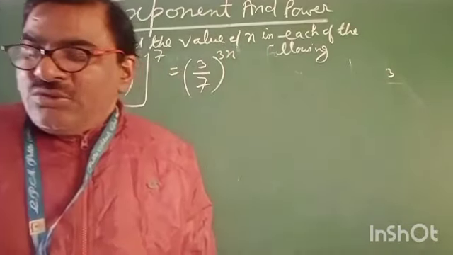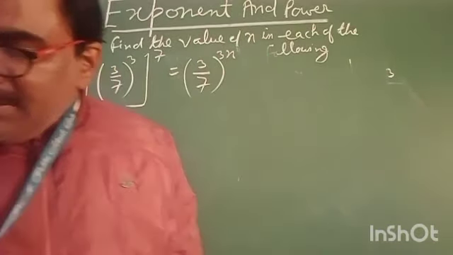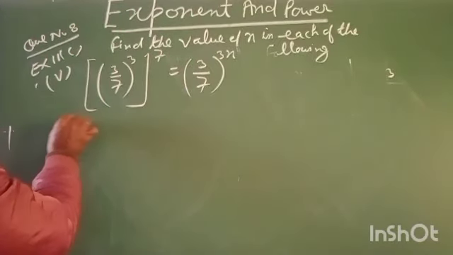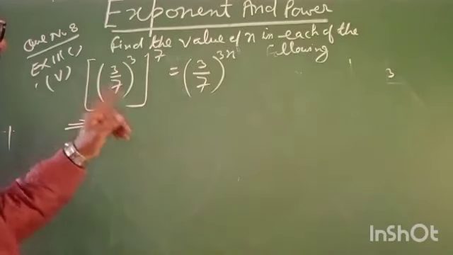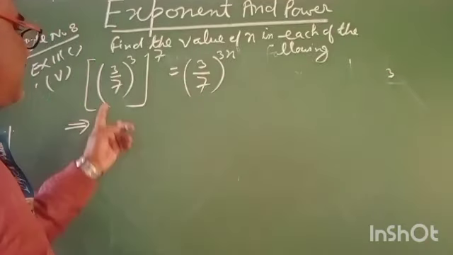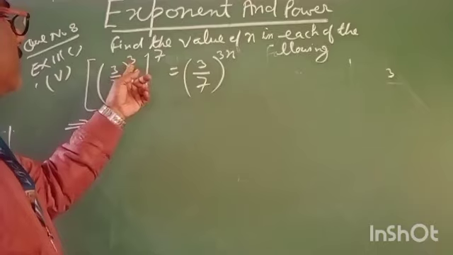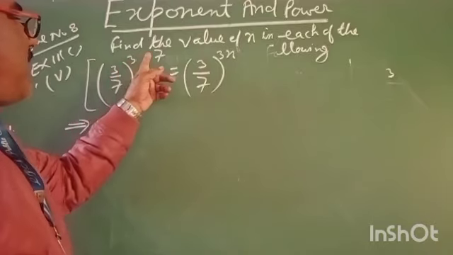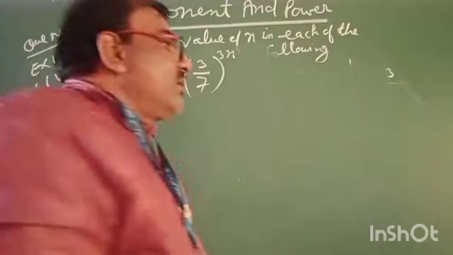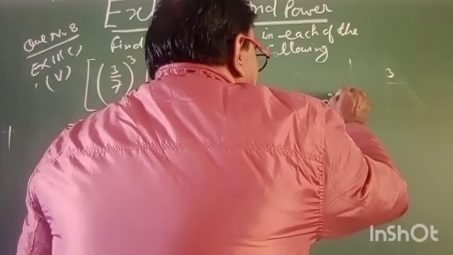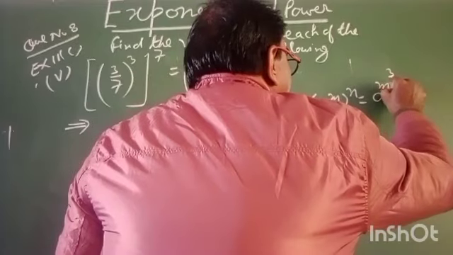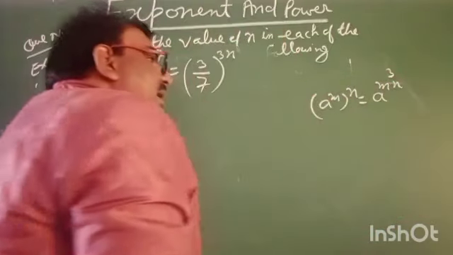Dear student, as you see here, the base is 3/7 and here the base is 3/7. Here the power is 3 and the whole power is 7. So you know the law of exponents: (a^m)^n equals a to the power m times n.